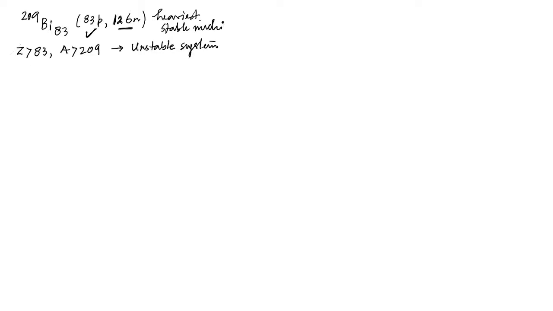In such cases, for the unstable systems which came into existence, having Z greater than 83 and A greater than 209, when they transform, say a system with A greater than 209 and Z greater than 83 is created, then what happens? They decay.